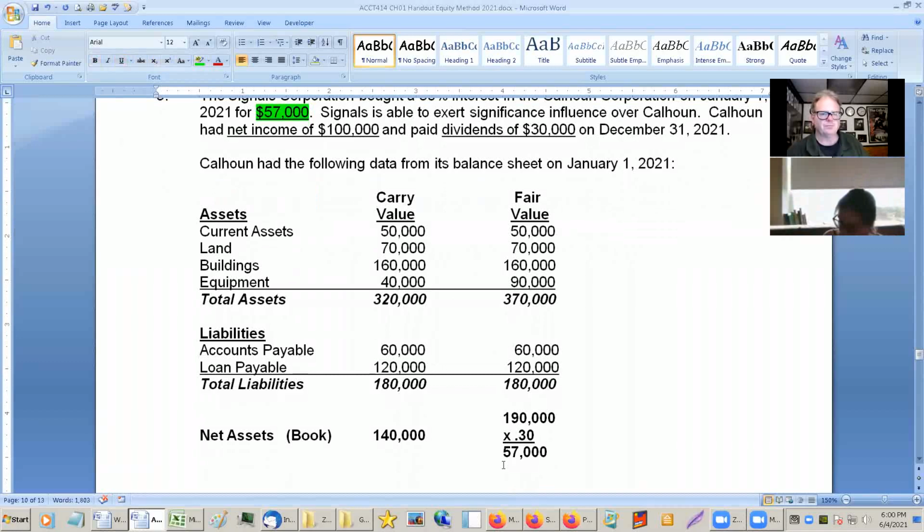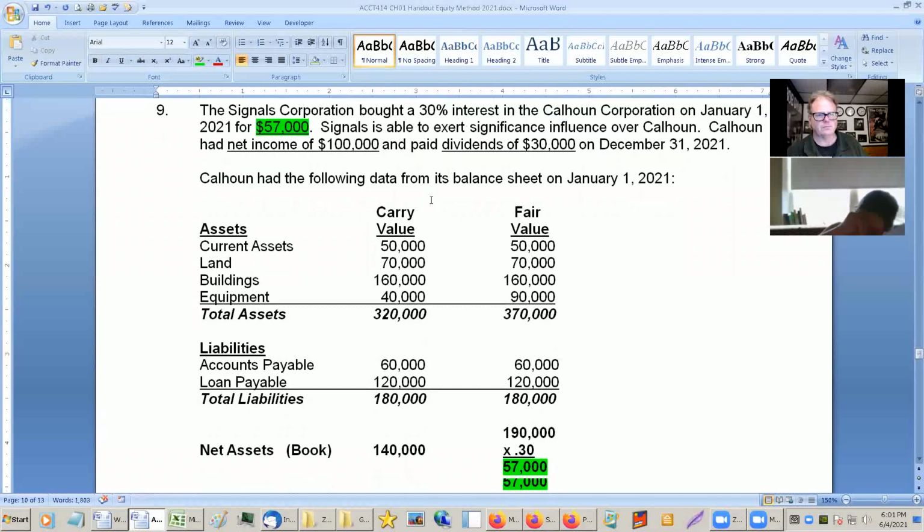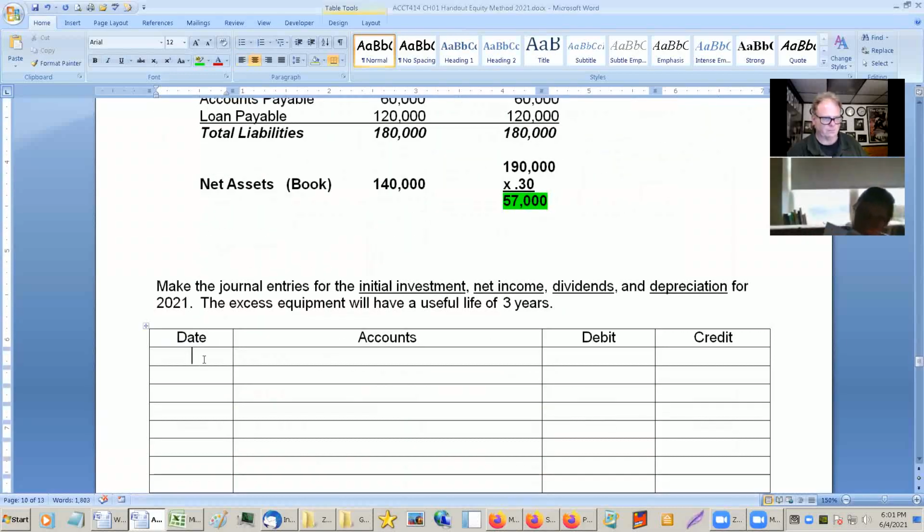So then in the journal on January 1st, the investment equity would be the 57. So we debit investment equity and credit the cash, 57,000 for both.